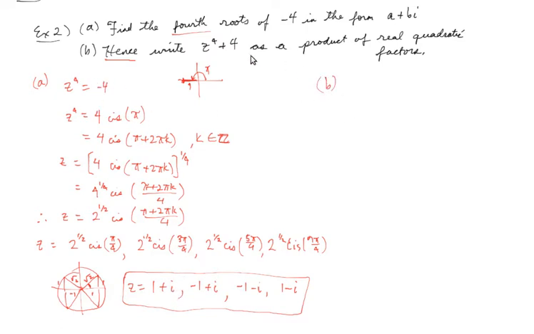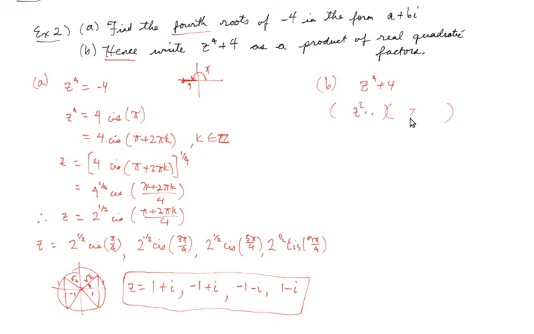Now for part B it says, use what you know about A, hence. Write z to the 4th power plus 4 as a product of real quadratic factors. So that's saying, let's get z to the 4th plus 4 to be the product of two factors, where these are quadratic in nature.